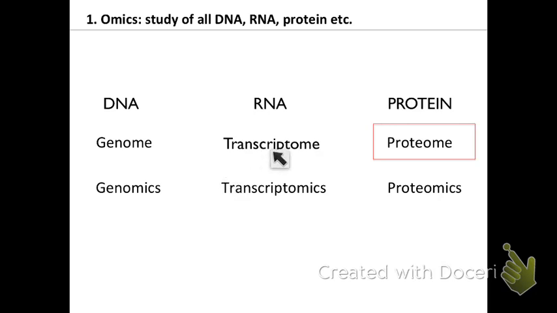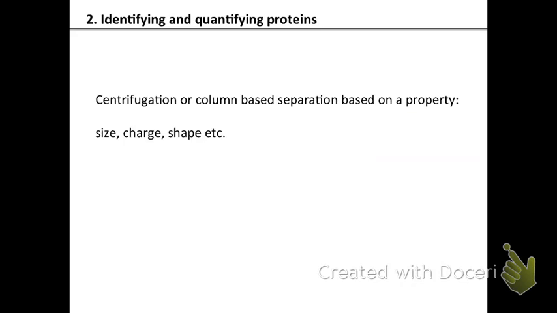All right, so we learned lots of techniques about how to analyze the amount of DNA, RNA, DNA sequence, and RNA sequence. And you already learned a bit with Professor Siegel about some of the techniques that you can use to analyze proteins, right? So typically identifying and quantifying proteins in cells is done through techniques such as centrifugation or column-based separation techniques based on the properties of proteins.